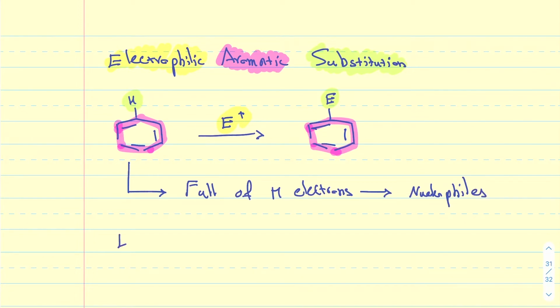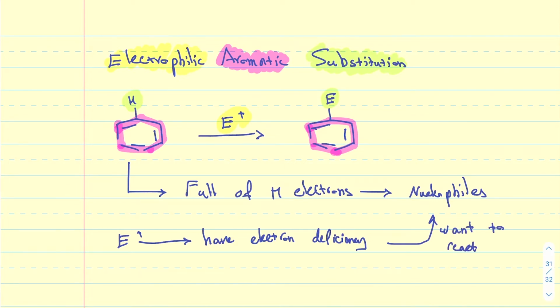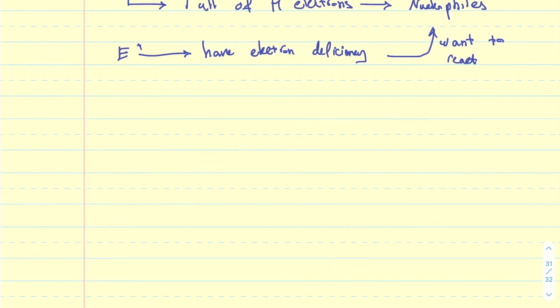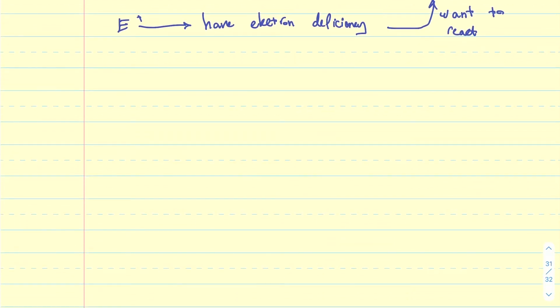Electrophiles, on the other hand, have electron deficiency and thus want to react with nucleophiles. Now let's look at what that reaction actually would look like with a very simple electrophile. We're just going to call that E+ on benzene.